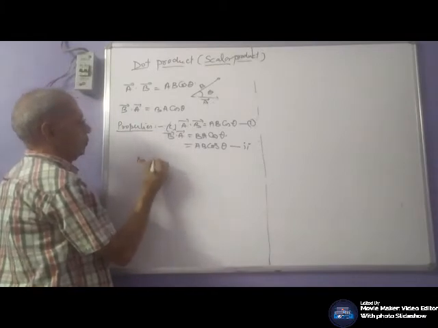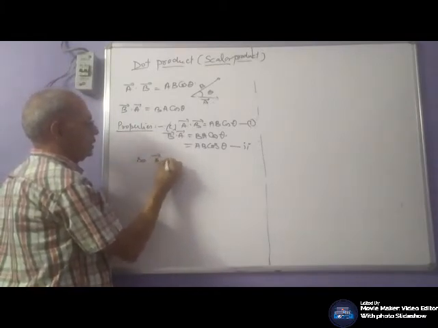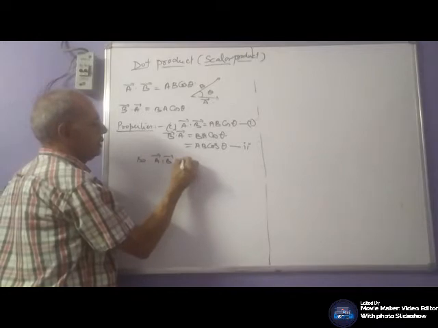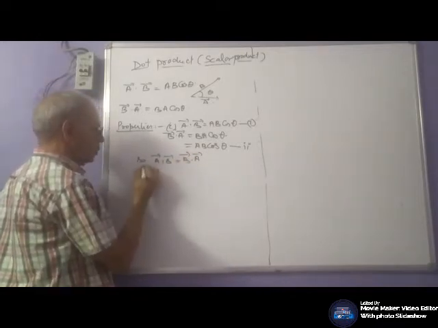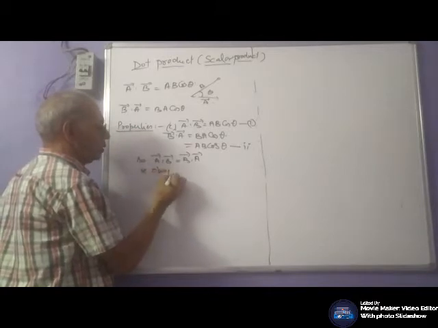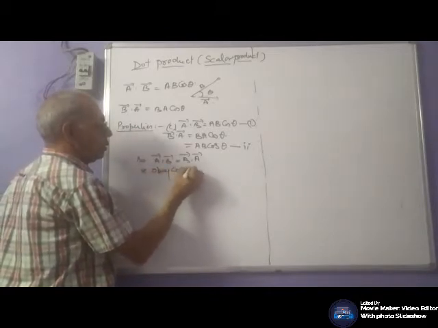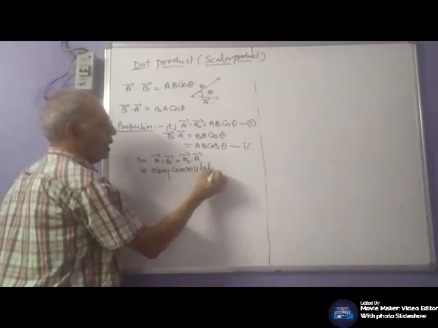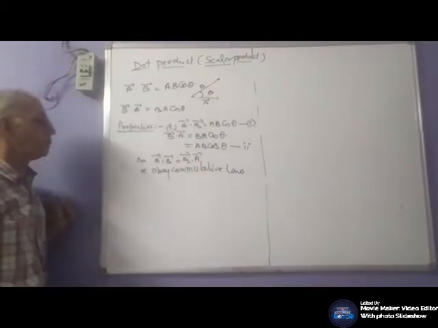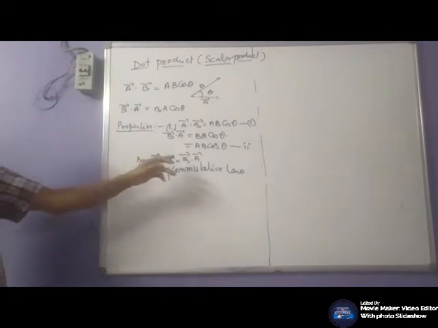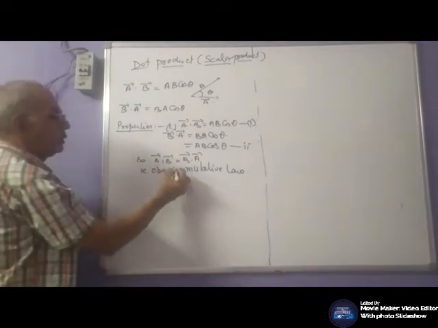So A dot B is B dot A. That is, they obey the commutative law. This is the first property: A dot B is B dot A. This means they obey this law, the commutative law.